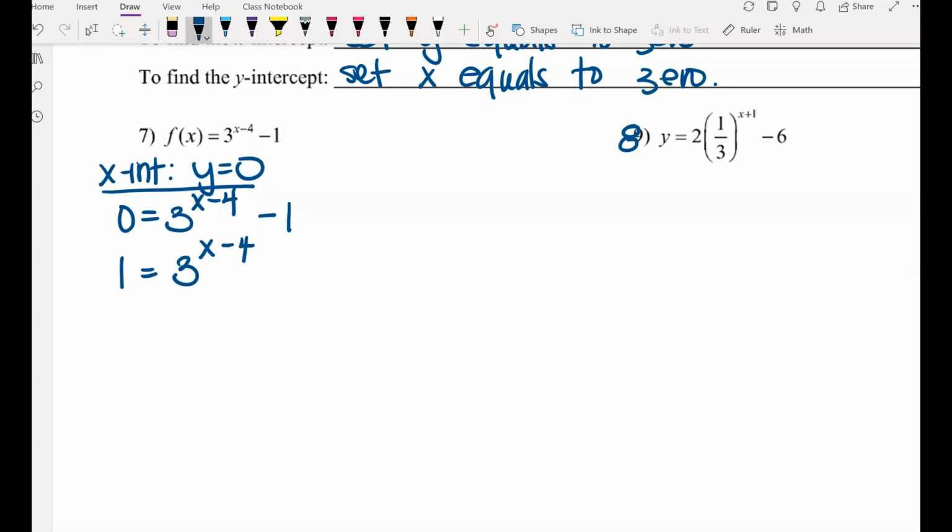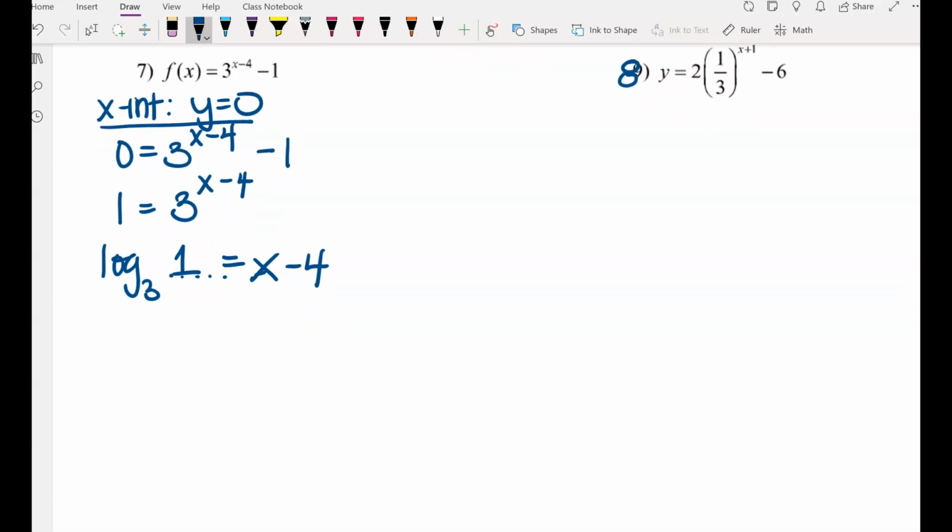Your base is 3, so in exponential, it will still be a base of 3. So log base 3 of 1 equals x minus 4. Now next, we want to add the 4 over. So to add the 4 over, and use a change of base, we would have log of 1 divided by log of 3 plus 4 equals x.